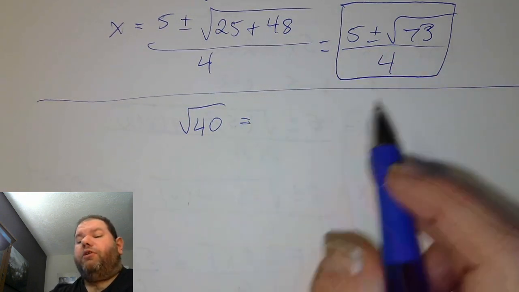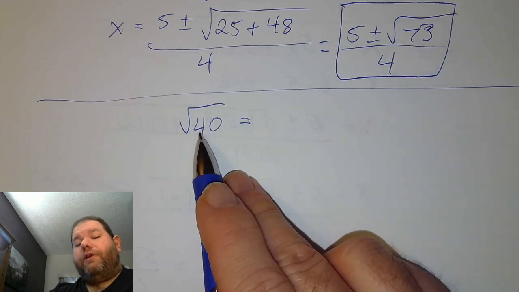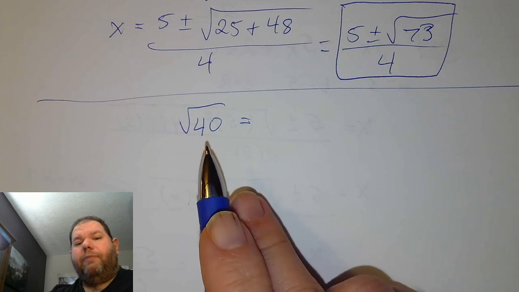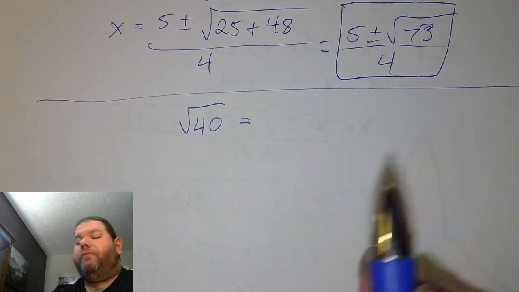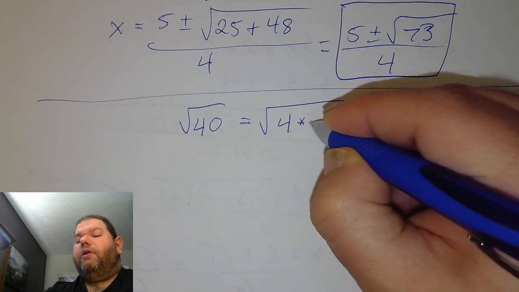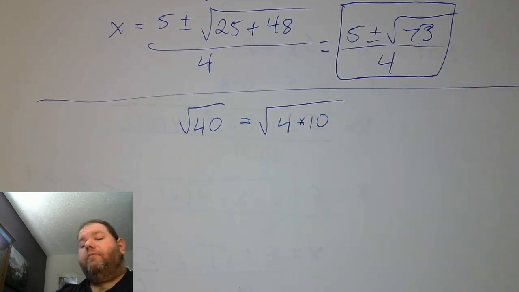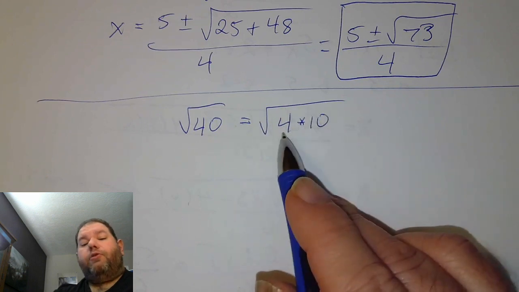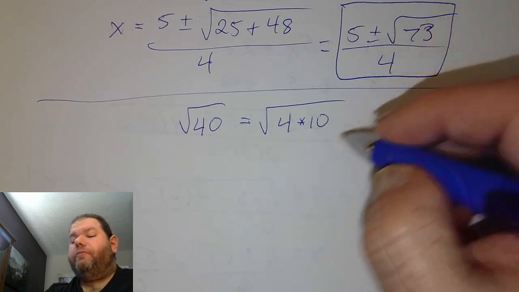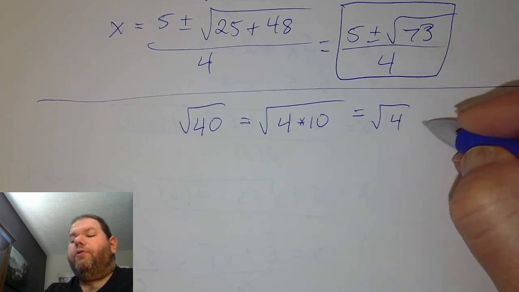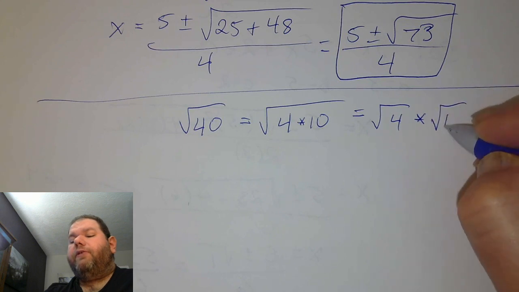But the difference between 73 and 40 is that even though 40 is not a perfect square, it still contains a perfect square as a factor. So we can think of 40 as 4 times 10. Now, the rule is when we have a square root of two numbers that are multiplied together, we can take the square root of the first one times the square root of the second one.